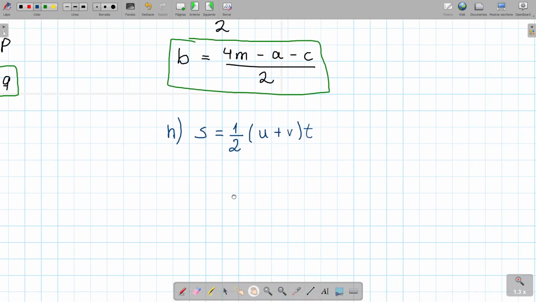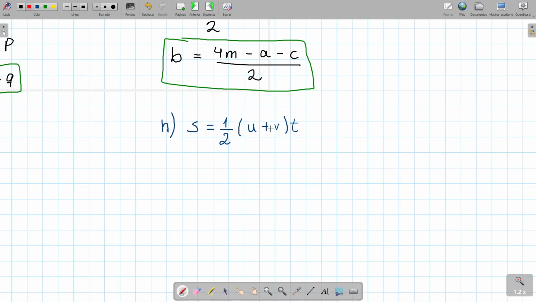So if I want to solve for b, I have to see first what are the operations that are happening. First we have this fraction. Again, this fraction, this one is multiplying everything and this 2 is dividing everything. So I'm going to put it on the other side but with their opposite operations.